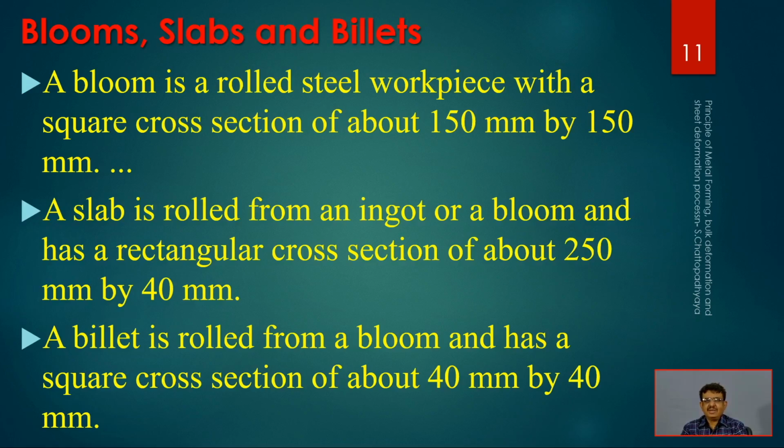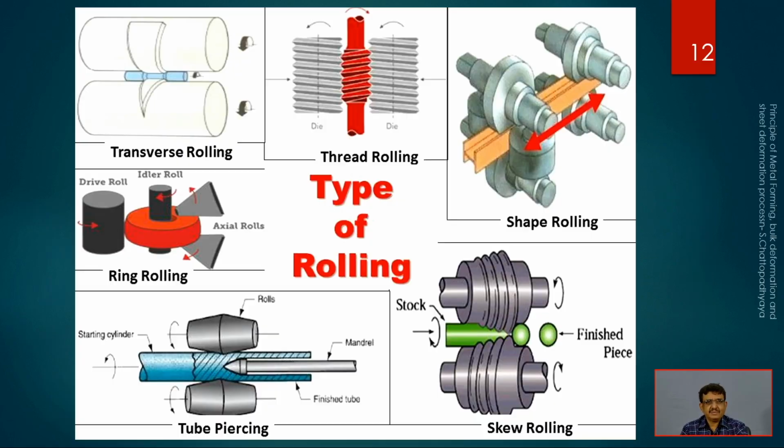This is called slab, which is used to produce coils and sheets. And the billets are 40 by 40, 40 length and 40 height, that is the cross section of a billet, and these billets are deformed in order to generate products like rods and bars. This is mainly for wire drawing and other activities.